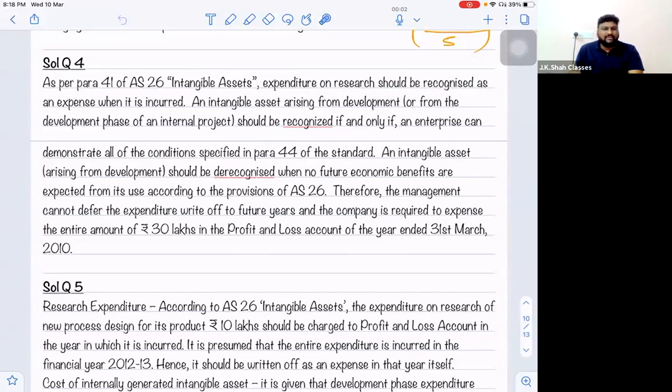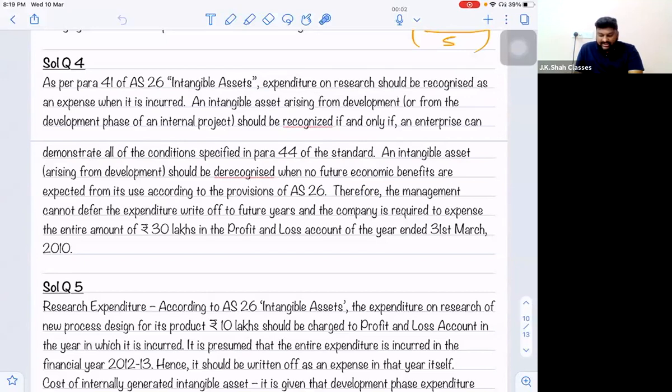Now, para 44, if you remember, it's fine. If you don't remember, ignore. You can just write demonstrate all the conditions specified in the standard. That's it. An intangible asset should be derecognized when no future economic benefits are expected from its use according to the provisions of AS 26.